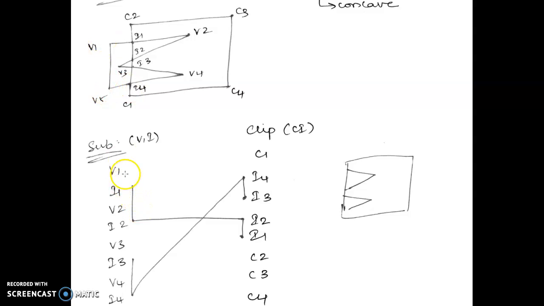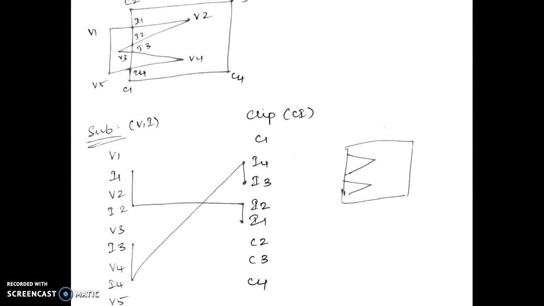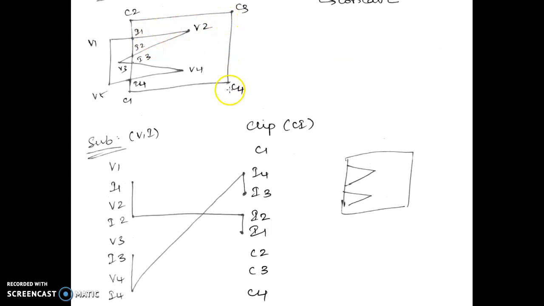So that is what is given here: V1, I1, V2, I2, V3, I3, V4, I4 and finally V5. And the clipping area is C1, start from here, C1, I4, I3, I2, I1, then C2, then C3, C4, C1.